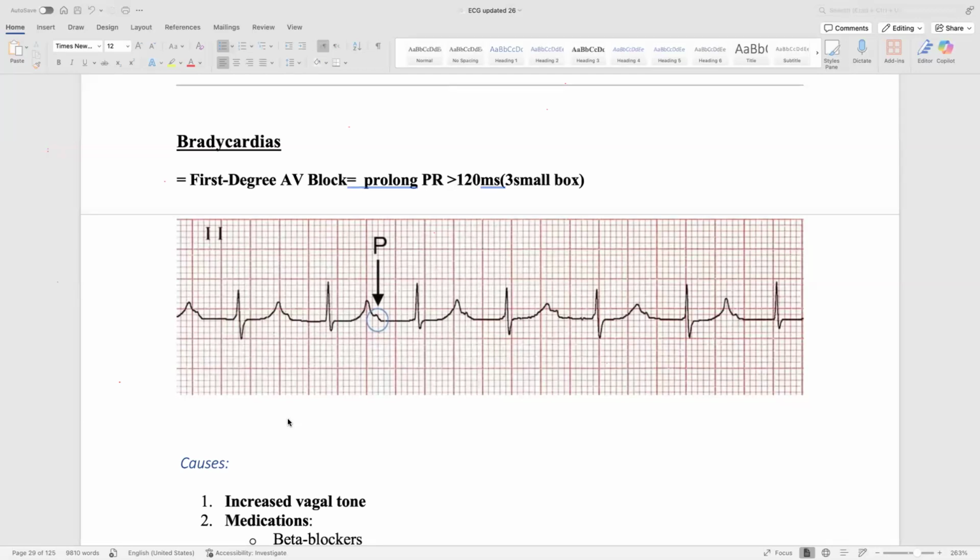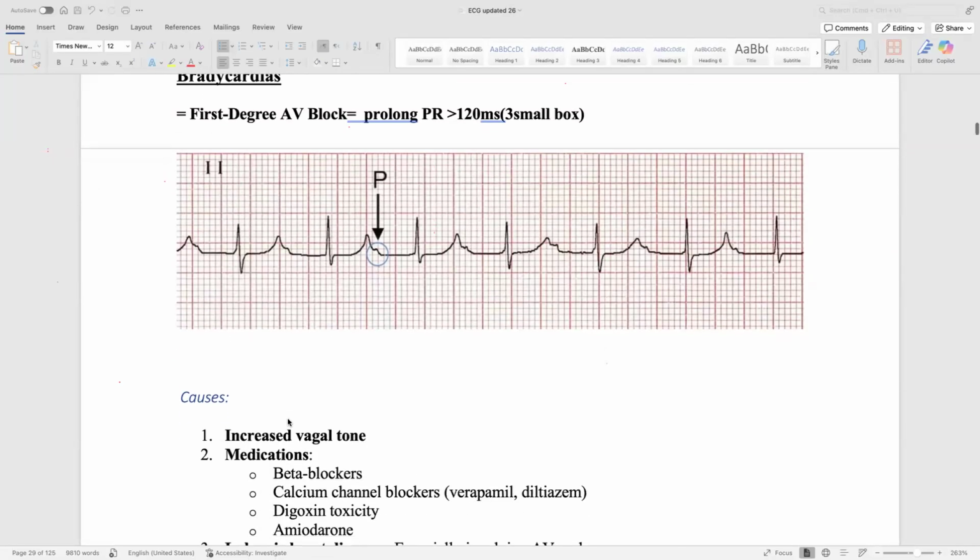So if it is AV nodal block, that means there is either delay or mis-rhythm in the conduction between the atrial depolarization and the ventricular depolarization.